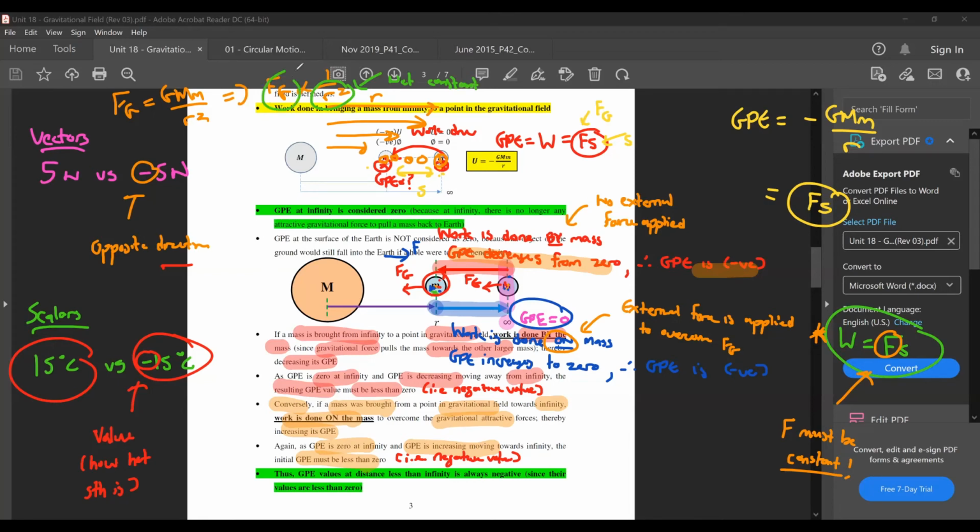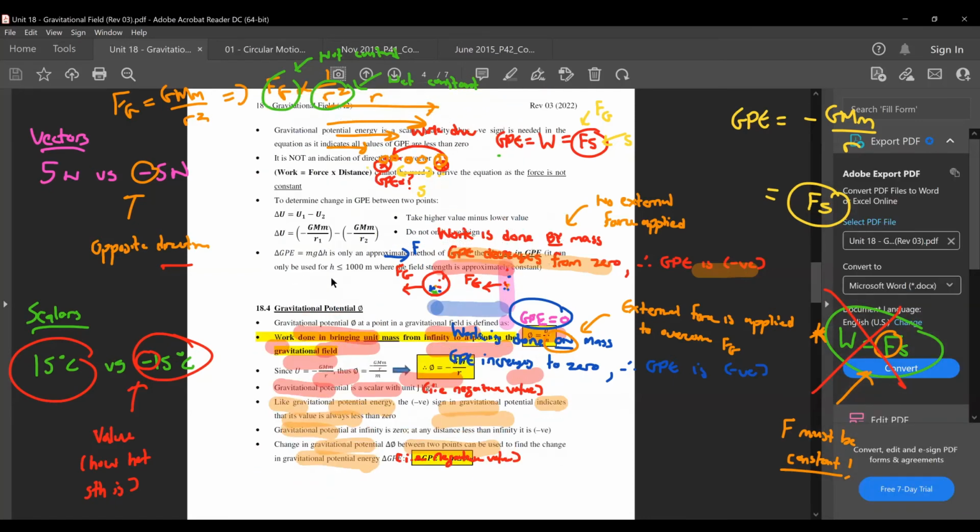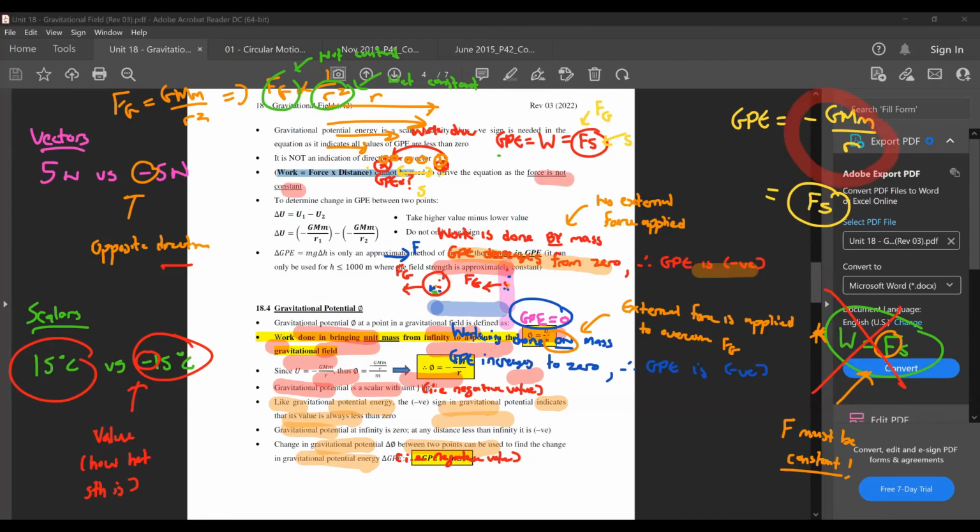Therefore, your Fg is also not going to be constant. So the fact that your force is not constant automatically means that you cannot use this equation. That's why I wrote in the notes on the next page that work equals force times distance cannot be used to derive the equation that you see, because force is not constant here.